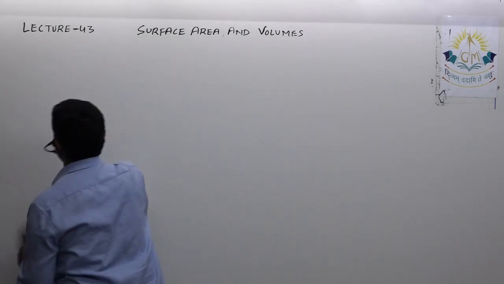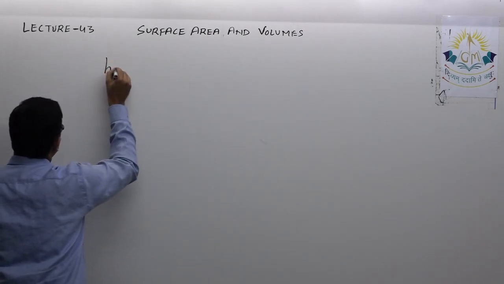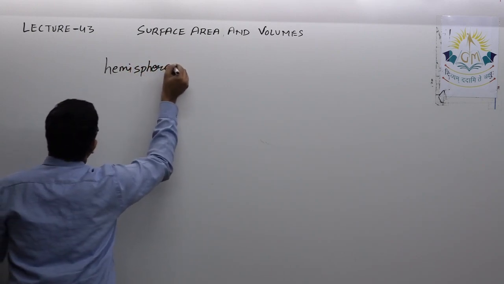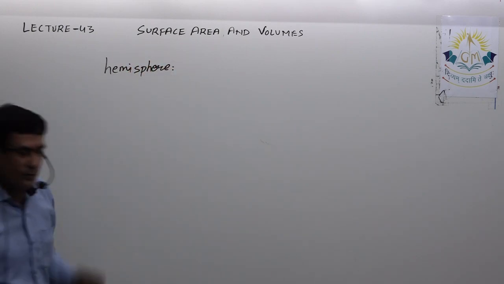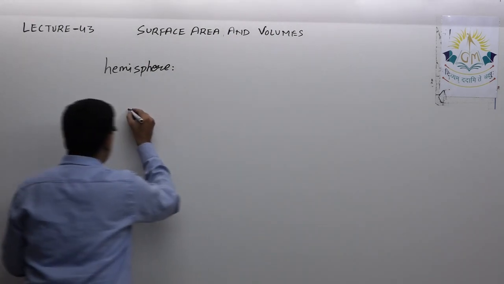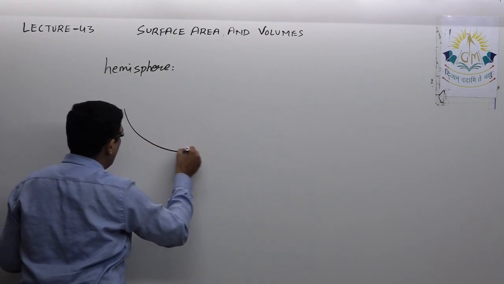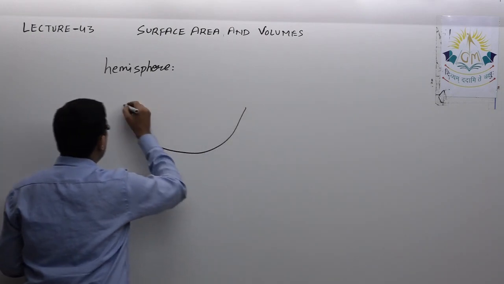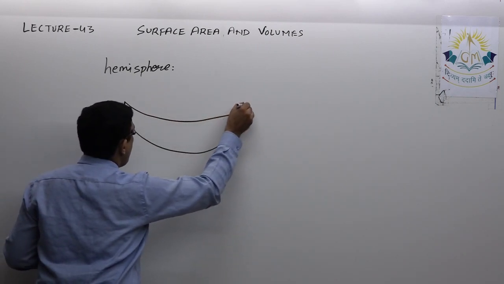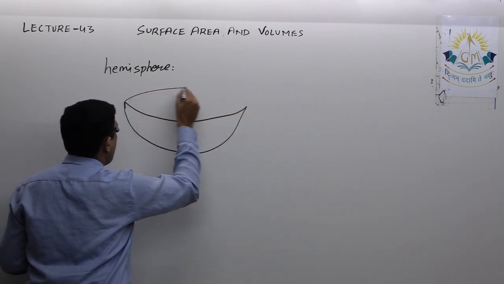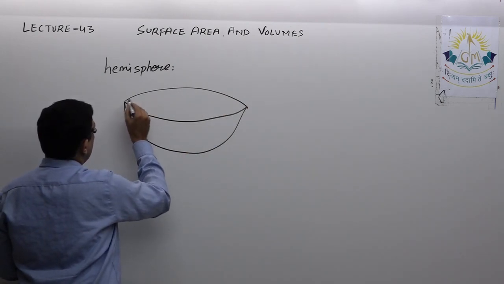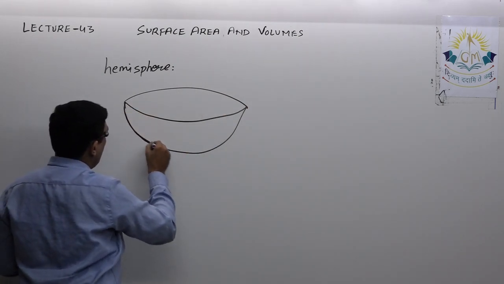See, a hemisphere we can say is actually half of the sphere. Hemisphere is exactly half of the sphere. So something like this is the diagram of a hemisphere. Okay, this is the hemisphere.